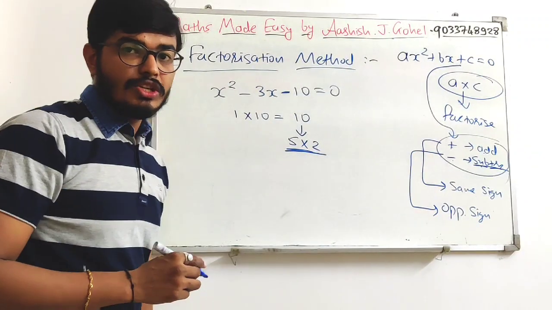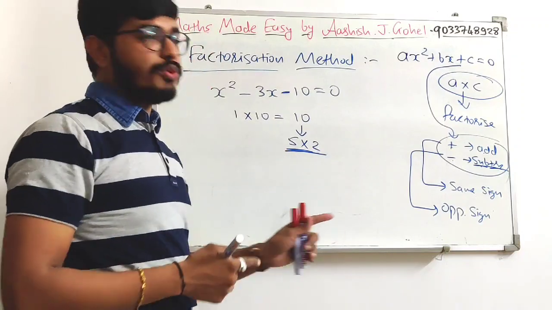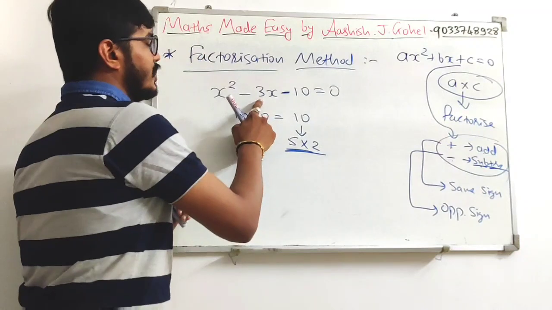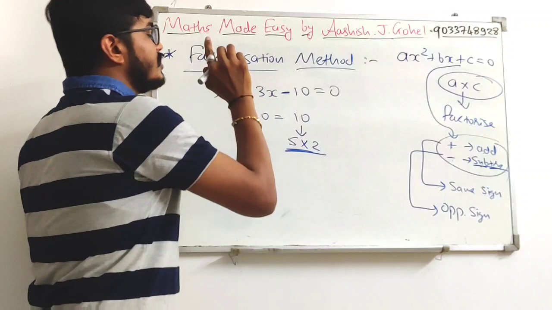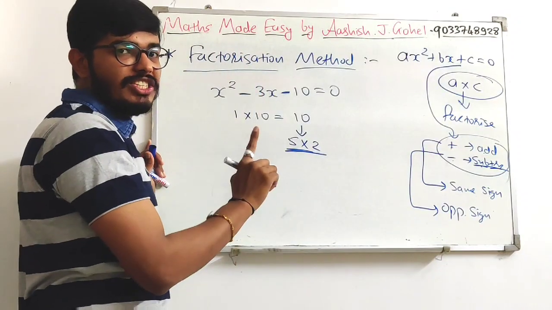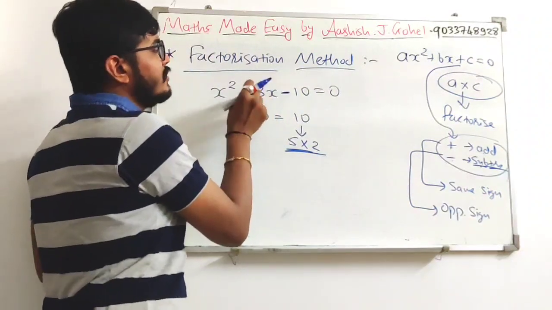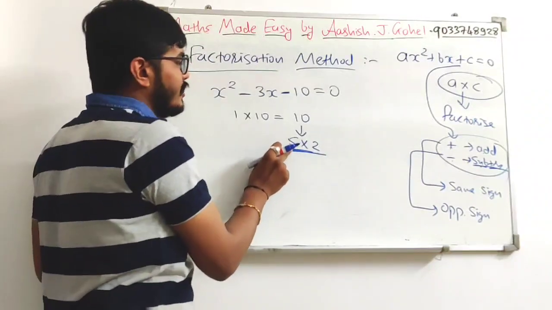So which term do I put as positive and which as negative? Check the sign of the middle term. Negative is there, so this sign will always be given to the bigger factor. Remember this: the sign of the middle term we give to the greater number, the larger number.